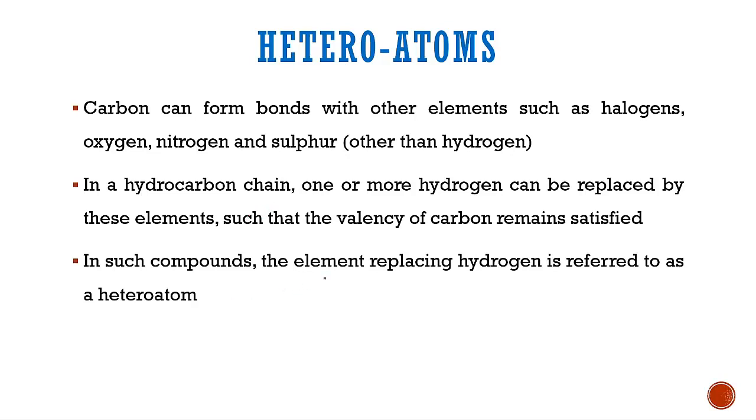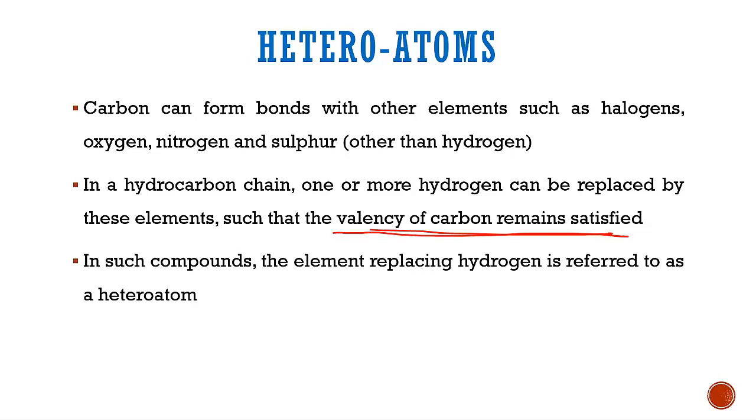In a hydrocarbon chain, one or more hydrogens can be replaced by these elements such that the valency of the carbon remains satisfied. Here, this is one of the most important points, that is, the valency of carbon remains satisfied. If the valency is not satisfied, then the compound will not be stable, and we want a stable compound. In such compounds, the element replacing hydrogen is referred to as a heteroatom.